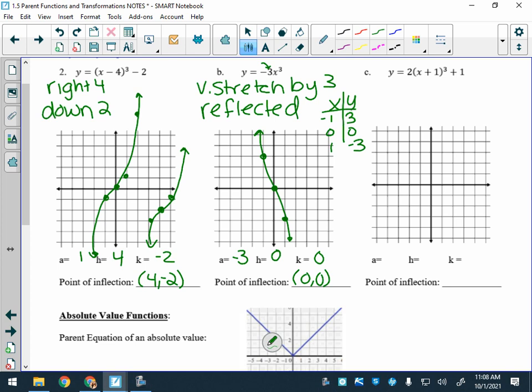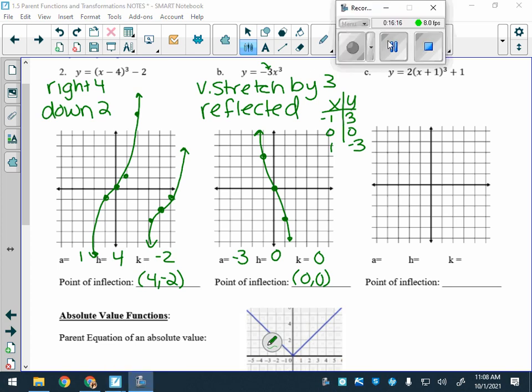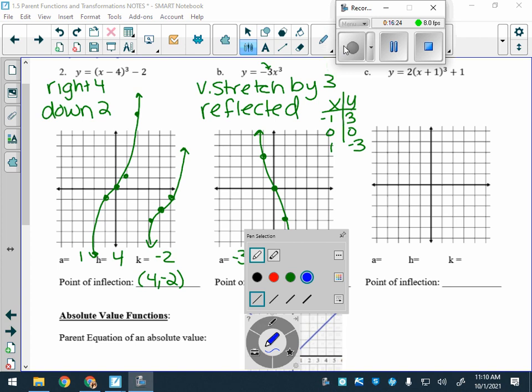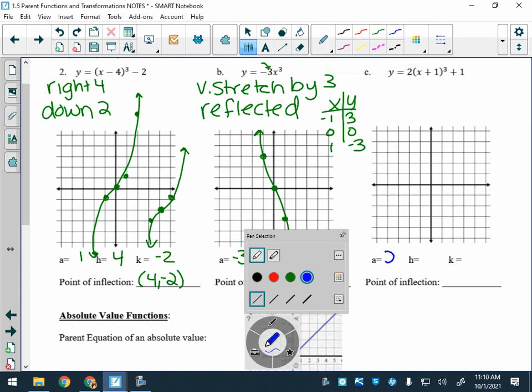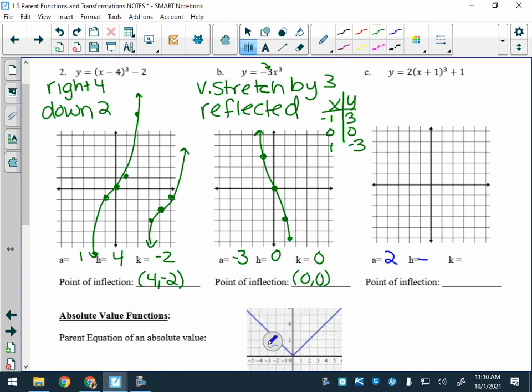Try C on your own. All right, so looking at C, what is my A value? Lindsay? 2. Finn, what's my H value? Good. Staffa, what's my K value? 1.